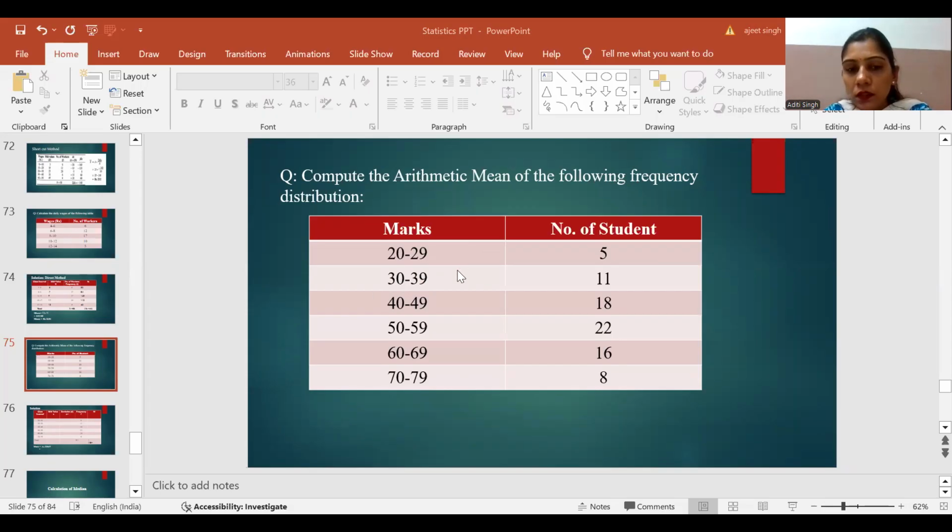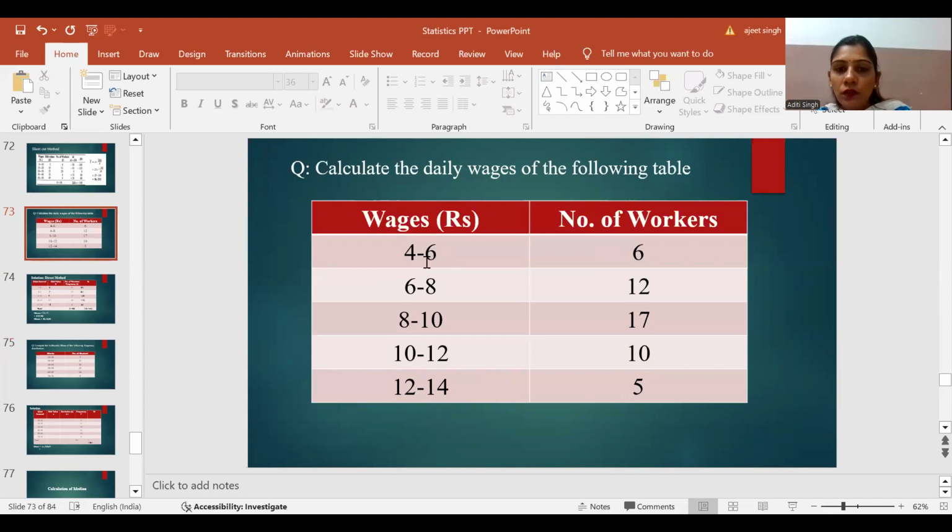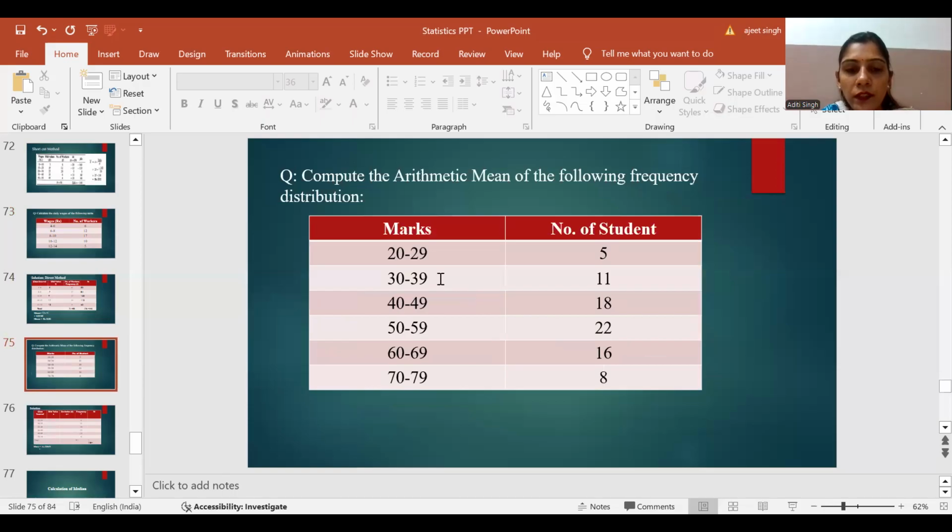In the previous question, what we saw is that the upper limit of a class interval is similar to the lower limit of the next. That type of class interval is known as exclusive, and this type is known as inclusive class interval, in which the upper limit of the first class interval is not similar to the lower limit of the second.